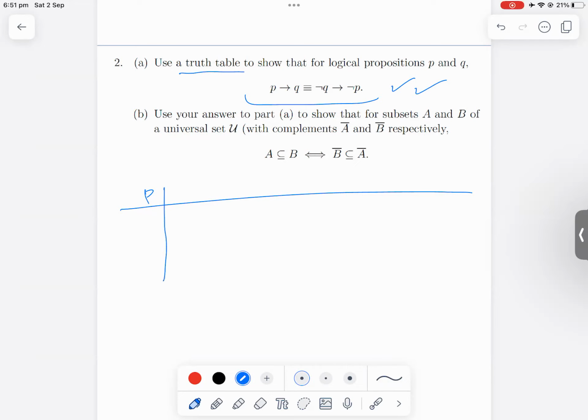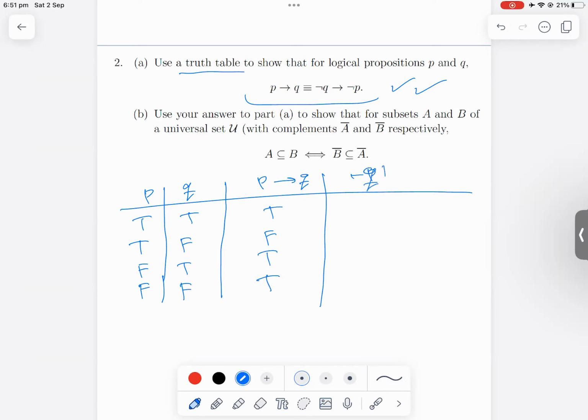P, Q, T, T, F, F. So this should be T, F, T, F. From here, P to Q will be T, F, T, T. From here, not P. Let's write first not Q, not P, and not Q implies not P.